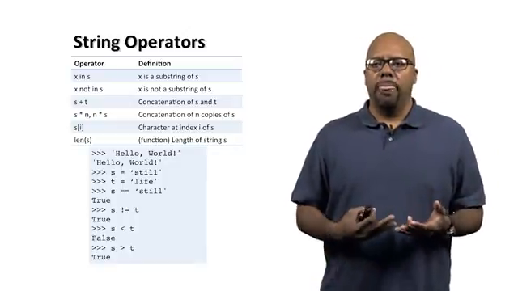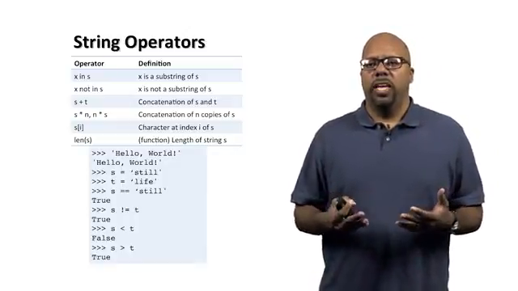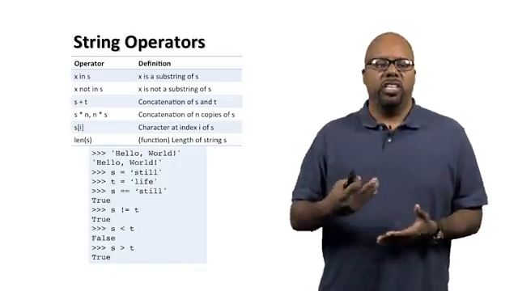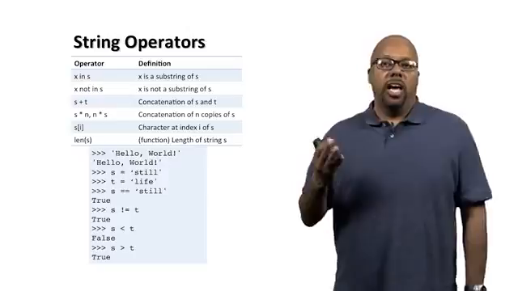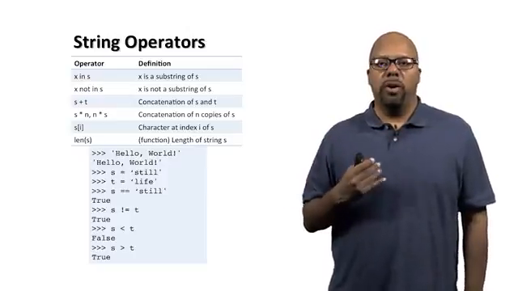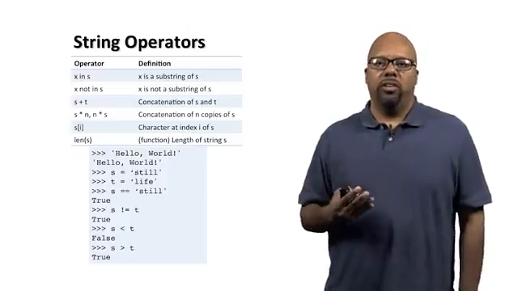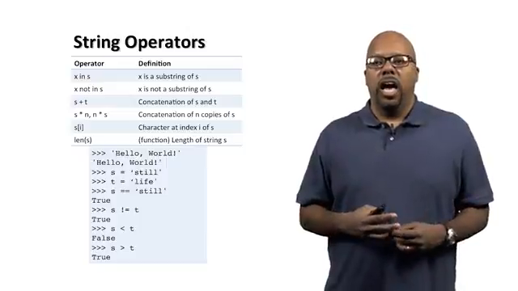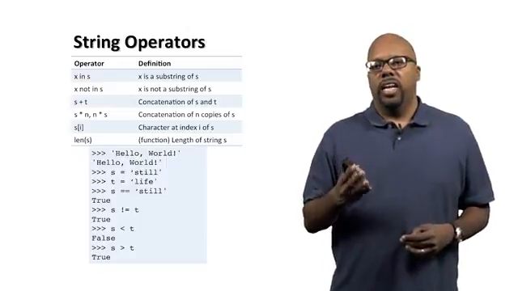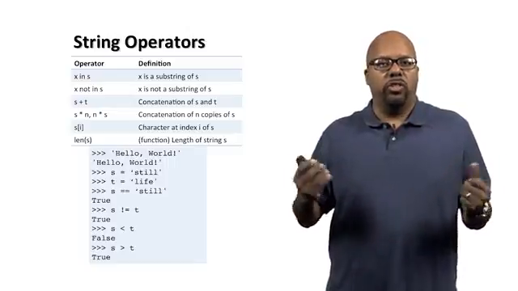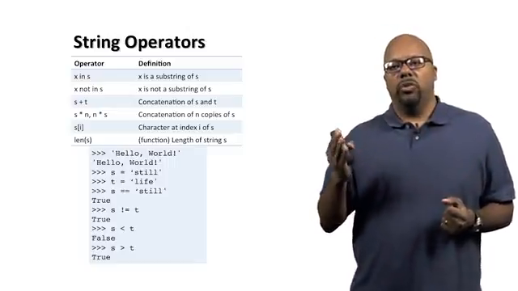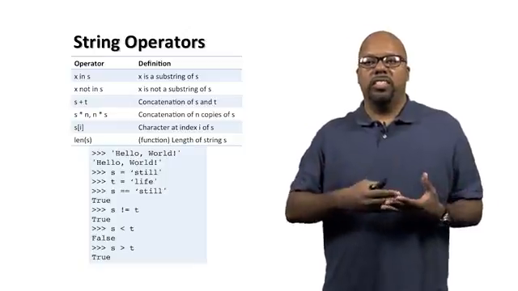So here we start off with hello world, and it prints it out. s is equal to still, t is equal to life. Now after that, we're using some Boolean operators. Actually, in addition to the string operators I described above, you can use comparison operators. So for instance, s equals still, right? And s is equal to still, so that returns true. s not equal to t also returns true, because s is still, t is life.